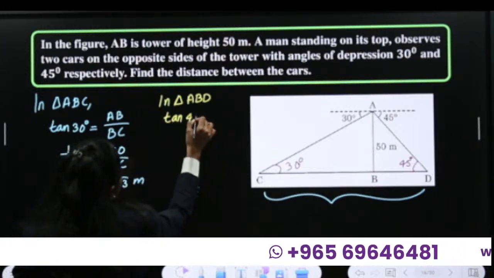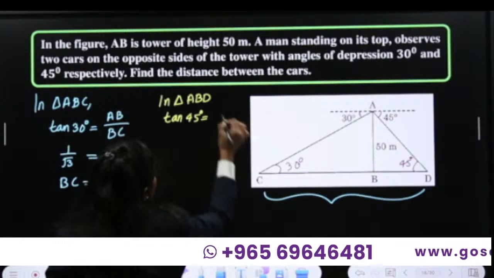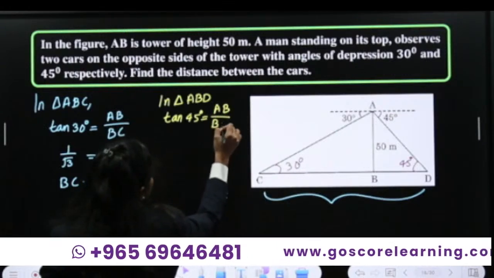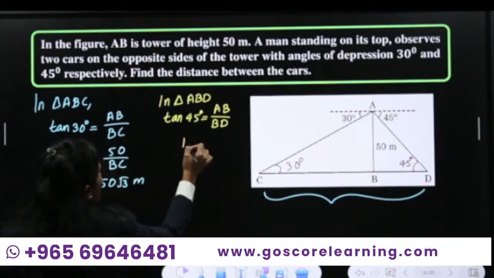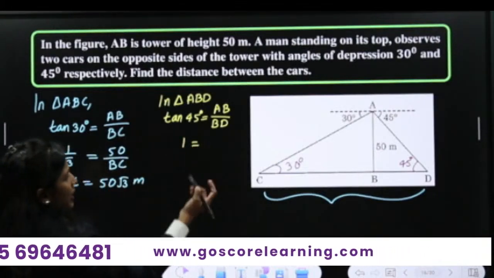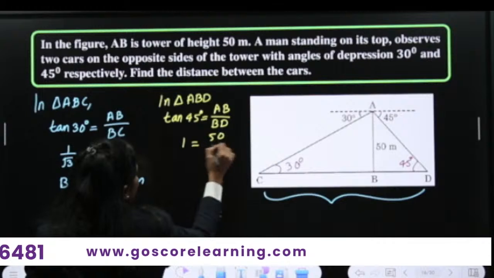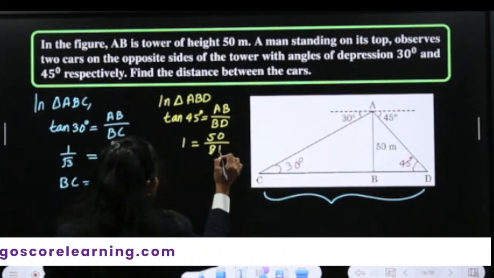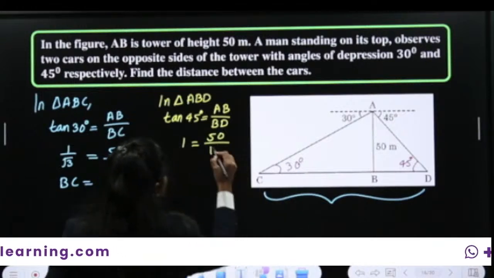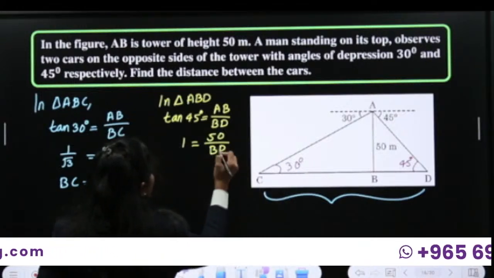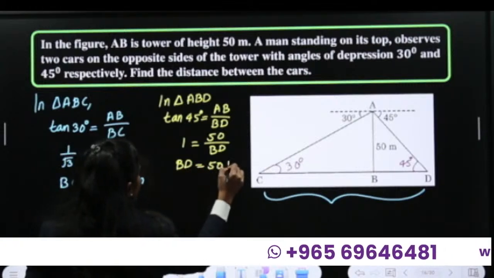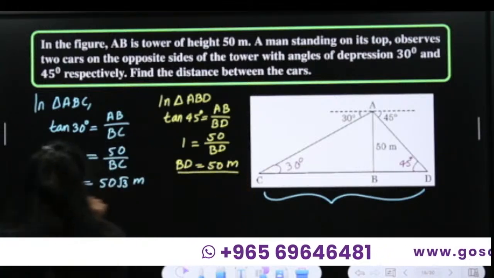So tan 45 is equal to opposite side AB and adjacent side BD. So tan 45 is 1, which is equal to AB, we have 50, and BD, we don't know, so we'll find it. Simple. So BD is equal to 50 meters. So we got BD, we got BC.